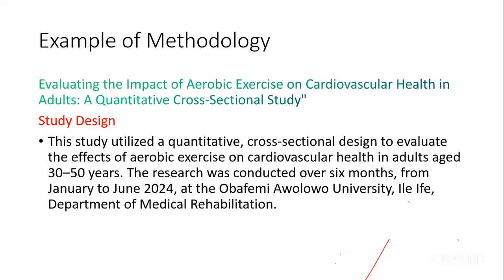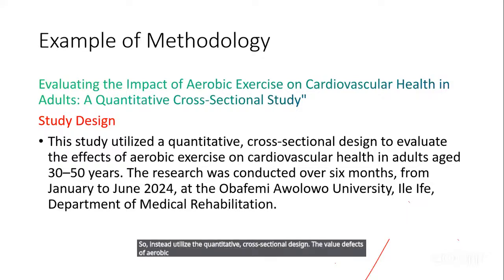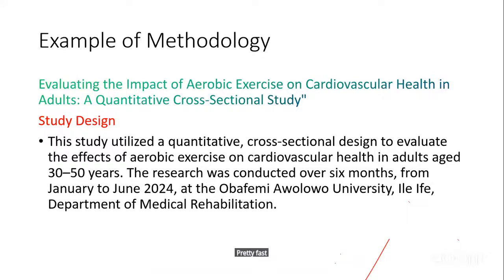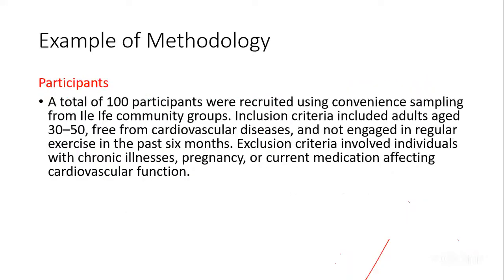Let me read it again so that you can understand. The study utilized a quantitative cross-sectional design to evaluate the effects of aerobic exercise on cardiovascular health in adults aged 30 to 50. The research was conducted over 6 months from January to June 2024 at the Department of Medical Rehabilitation. A total of 100 participants were recruited using convenience sampling from a community group.